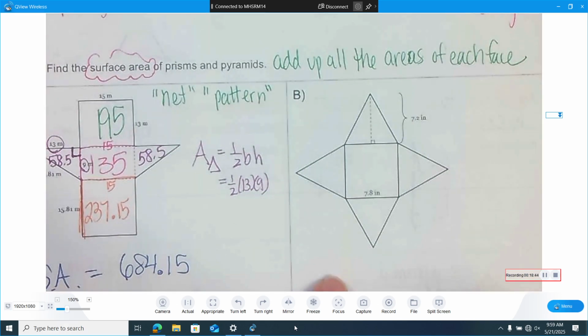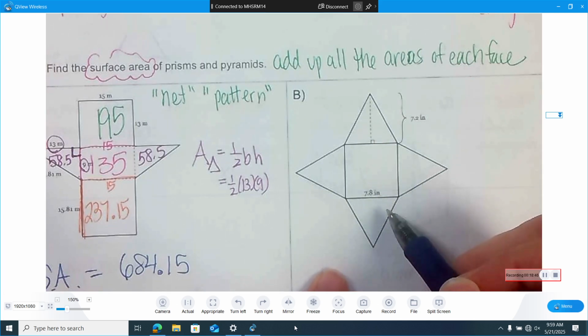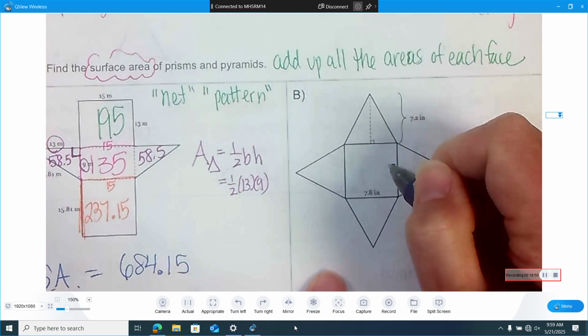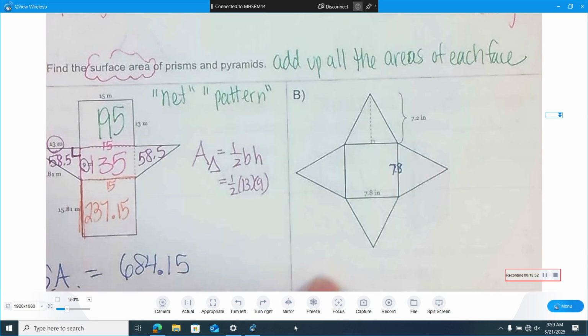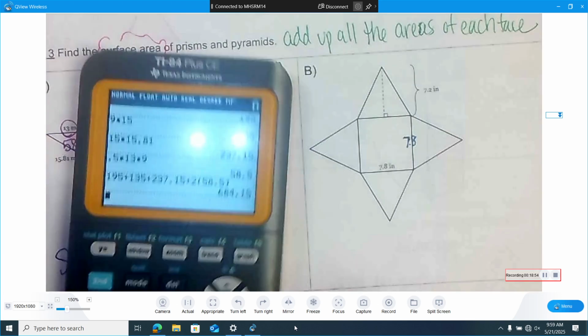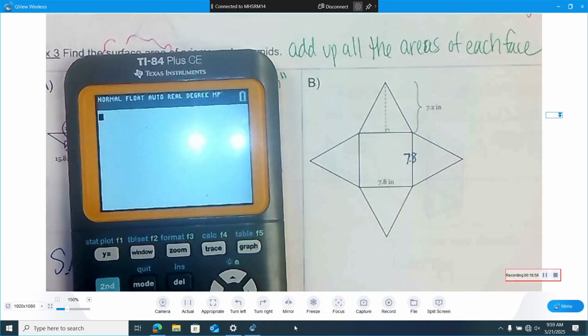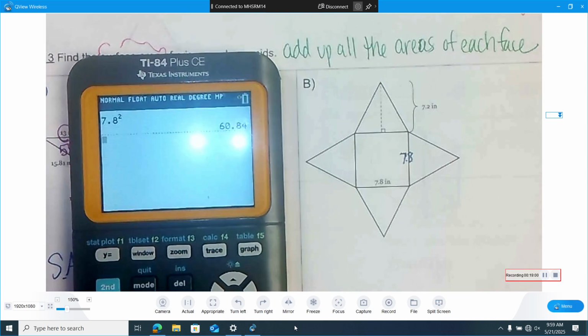So this is a square base pyramid. And if this is 7.8, what is also 7.8? Let's see. So how do I find the area of the square? 7.8 squared.